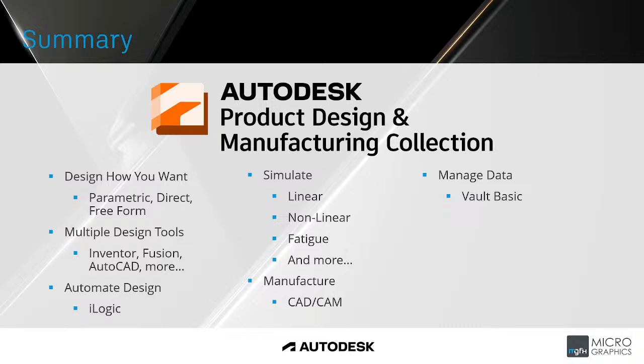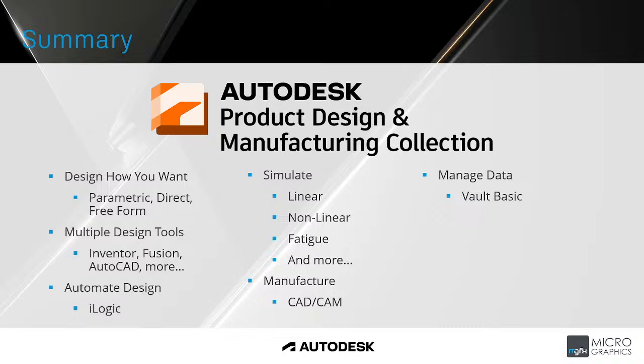It can allow you to automate designs through the use of iLogic in Inventor to automate that design process. Once again, a lot of this is looking at Inventor as the hero product of the collection. And so we can automate the design using iLogic as one of the examples. The design accelerators can be other examples as well.